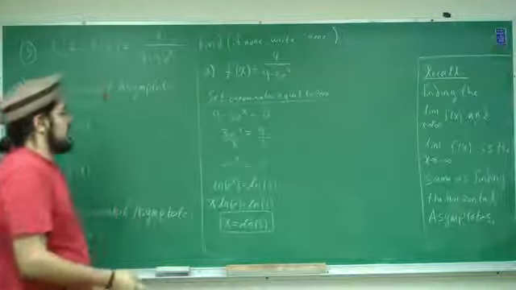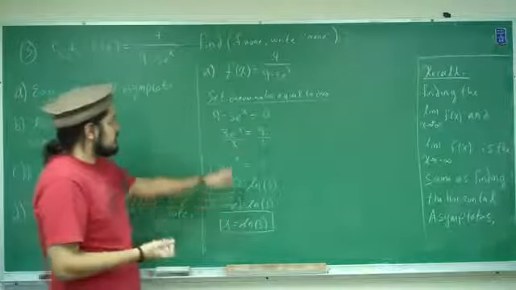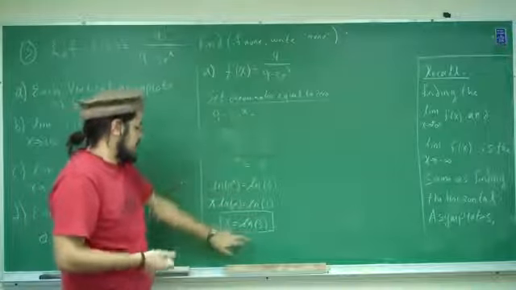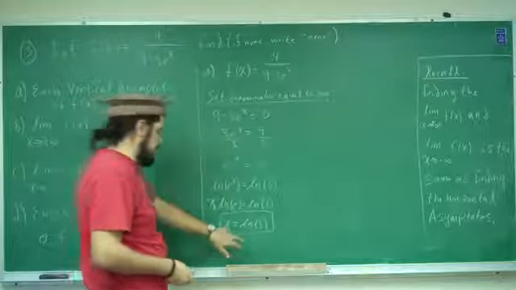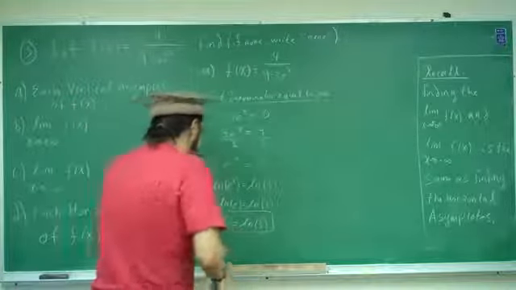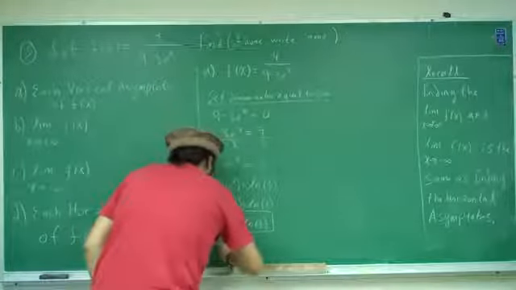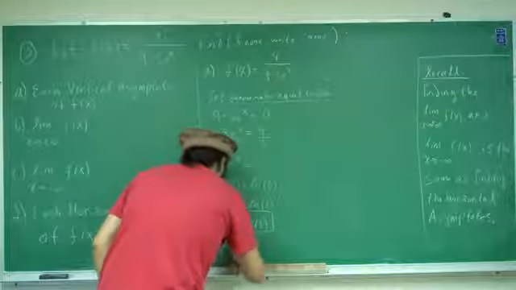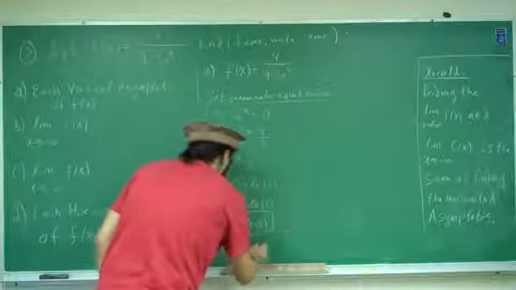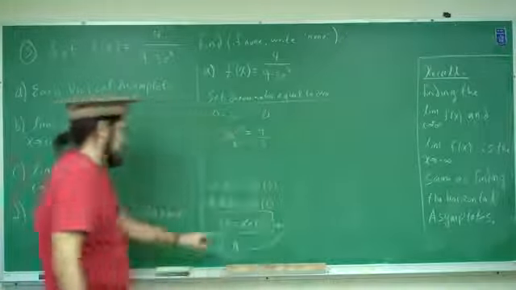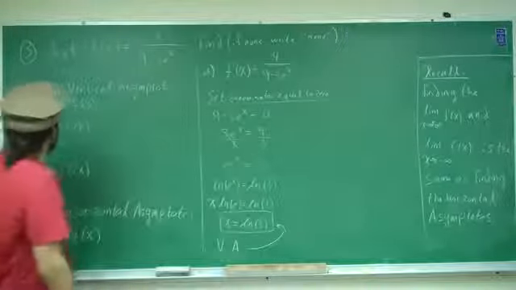So when x is equal to ln of 3, we get 0 in the denominator, and that's going to be our vertical asymptote. So the vertical asymptote is x equals ln of 3. Alright, so we've got A.